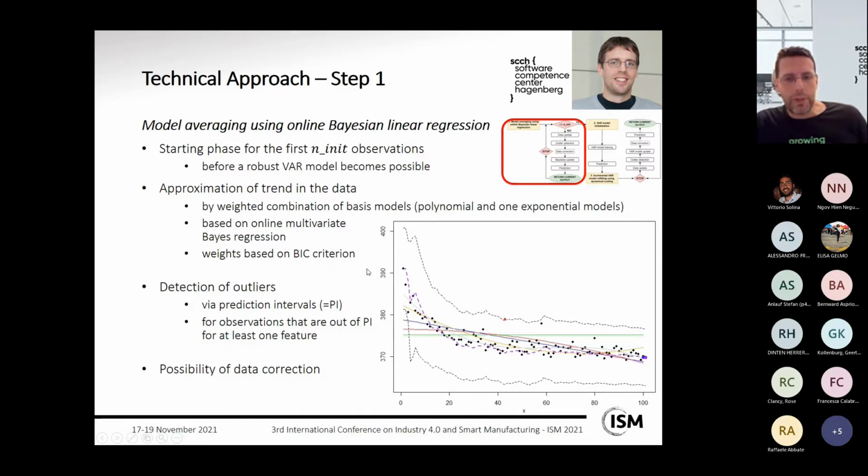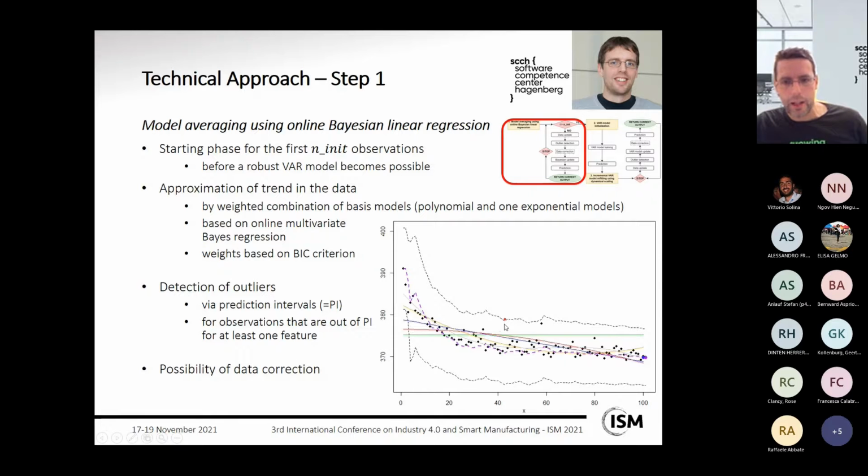Here in the starting phase, we try to approximate the possible trend in the data by model averaging using online Bayesian regression. For this, we took the evolving data stream, where data points arrived one after the other, and trained different simple basis models, and then calculate a weighted prediction, that is the violet dashed line, where the weights are based on the Bayesian information criterion.